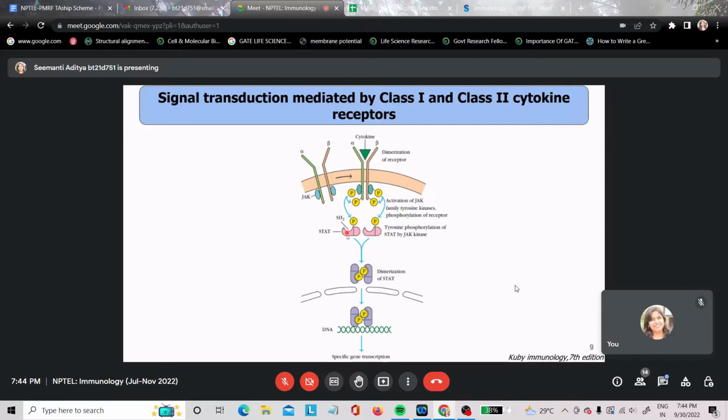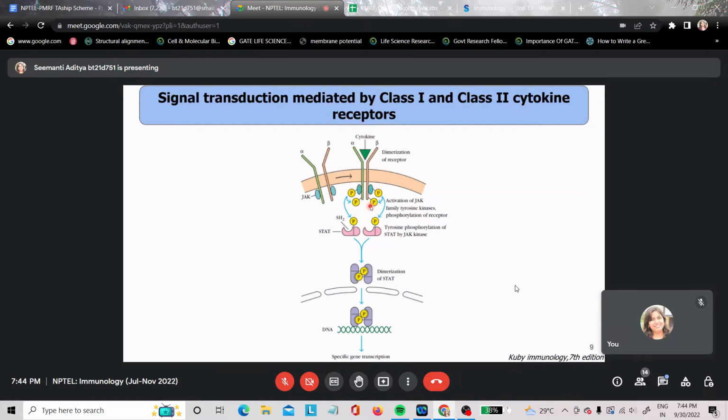It will bring about the STAT molecules. STAT are another protein molecules. These protein molecules will be docked and brought about in this cytoplasmic domain. So what happens is, again, the ligand will bind to the alpha subunit. To that, the beta subunit will bind, and it will cause dimerization of the receptor. Once the receptor is dimerized, the cytoplasmic region has a JAK protein, that is a kinase protein.